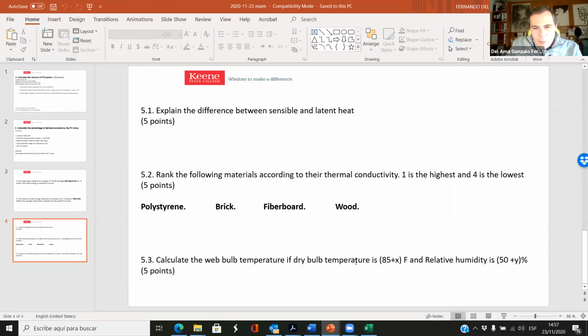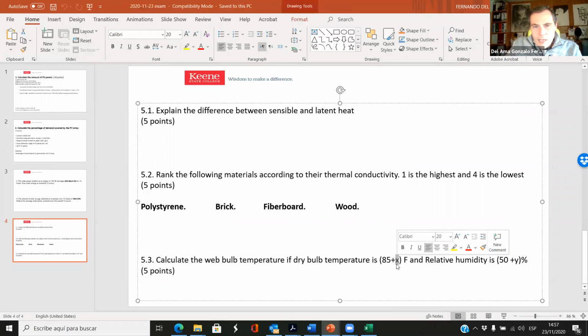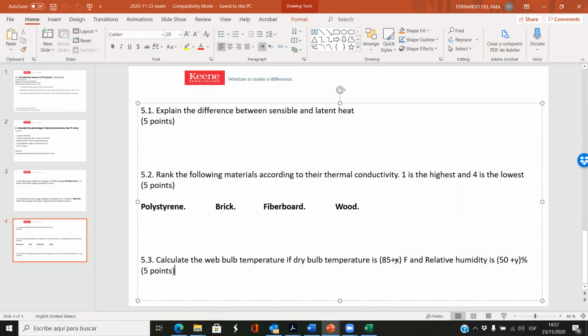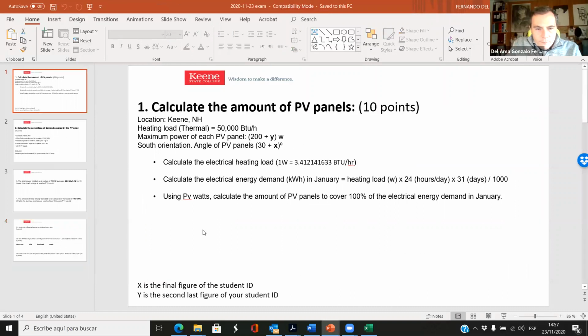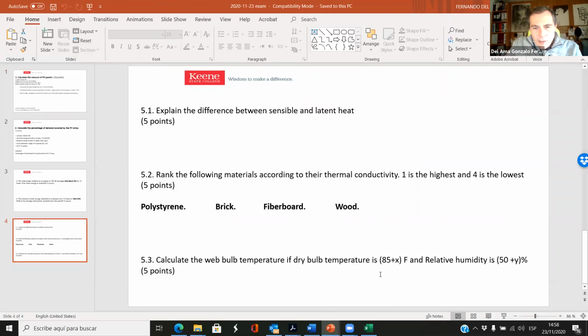The dry bulb temperature is this. Remember that you will have to use your ID number. X is the final figure, and Y is the second last figure of your ID. So what do we have to do?